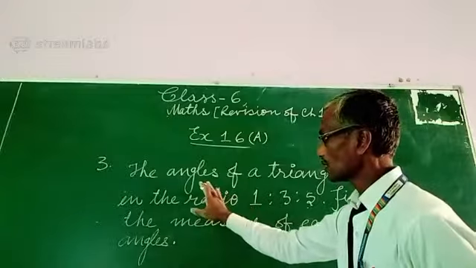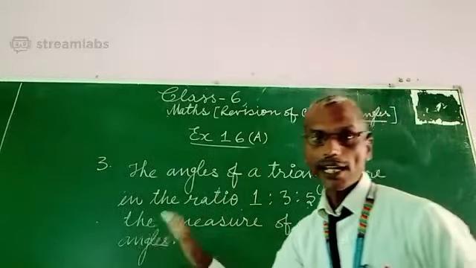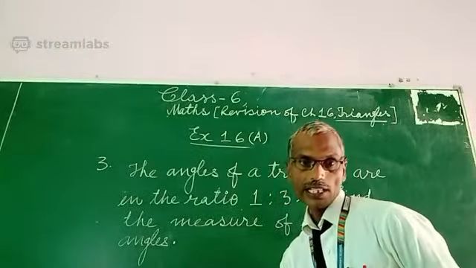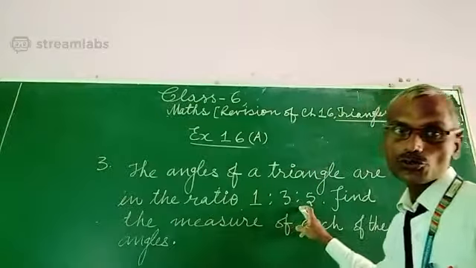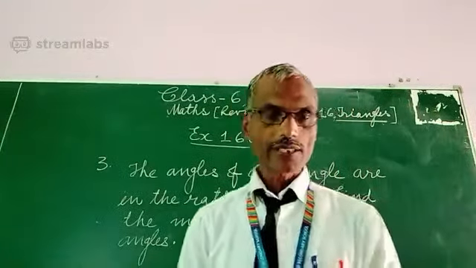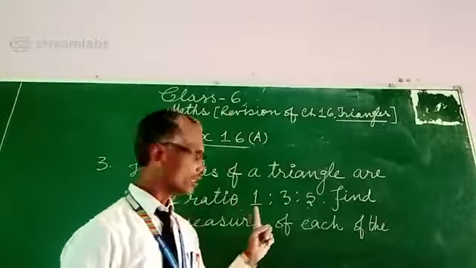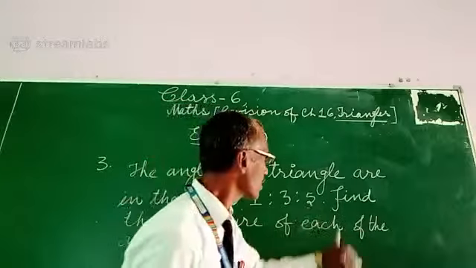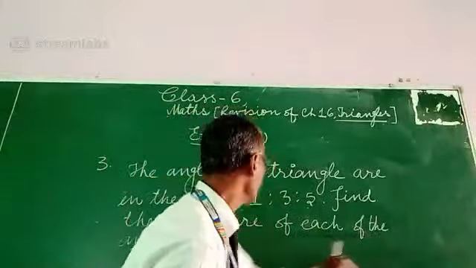Only the ratio of the angles of a triangle is given, and that ratio is 1:3:5. Clear? Then we have to find the measure of each of the angles.